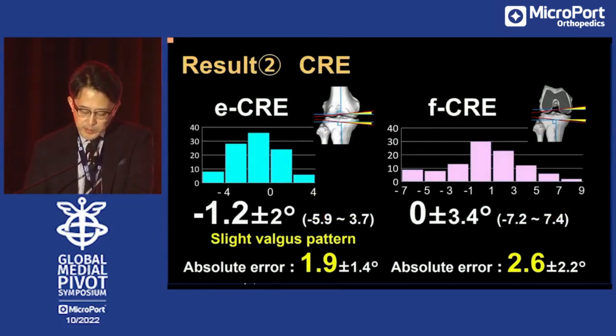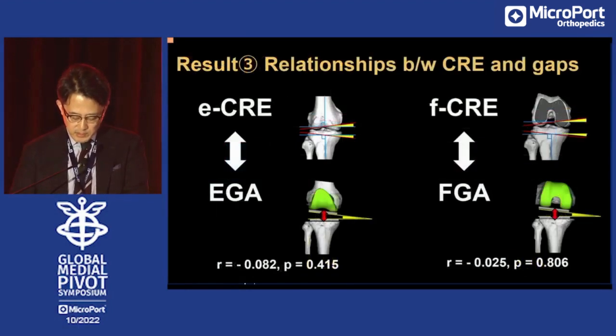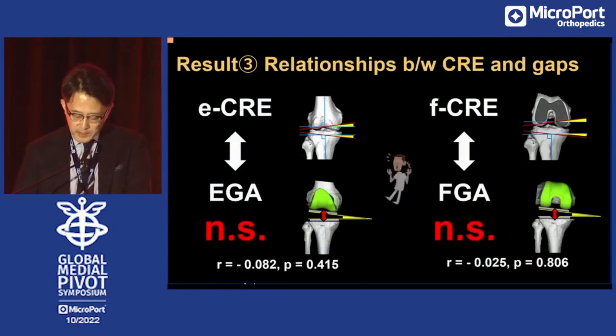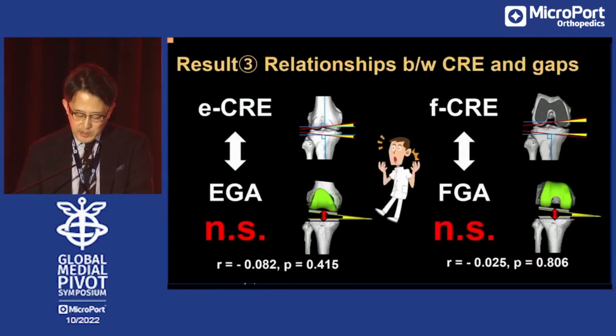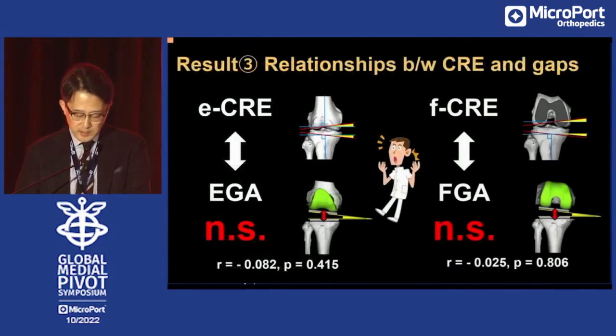The absolute errors of ECRE and FCRE were 1.9 and 2.6, considering that those values include the errors in both femoral and tibial side. The bone resection errors in this series were quite low. Being different from our hypothesis, ECRE and FCRE showed no significant correlation in this series.